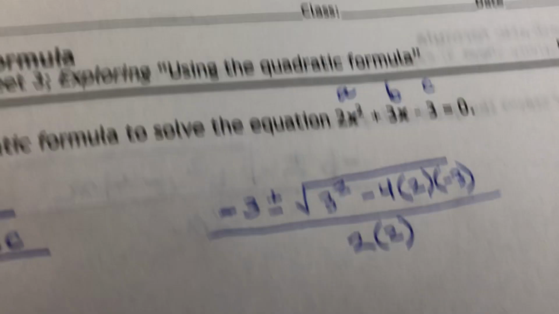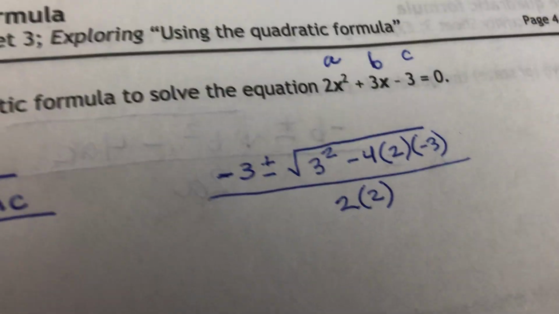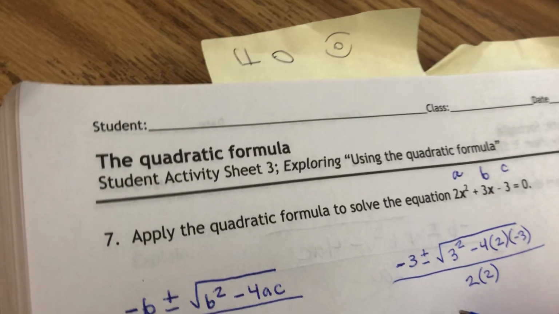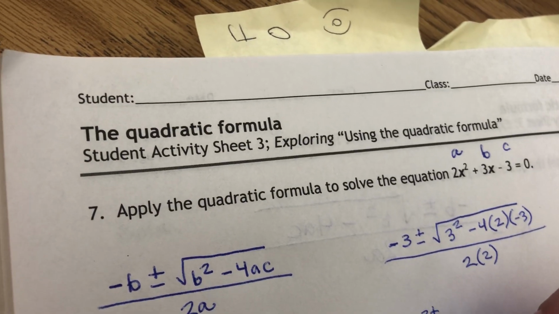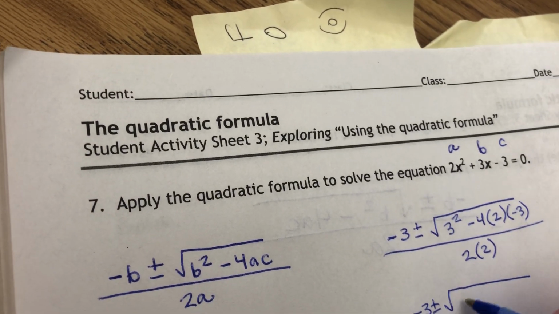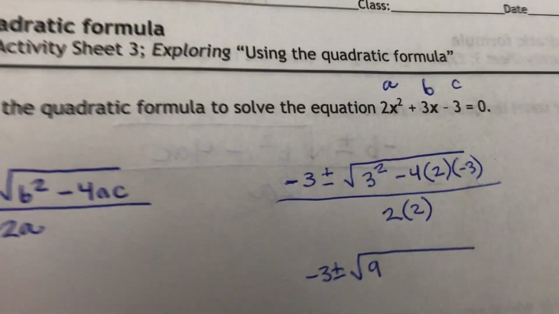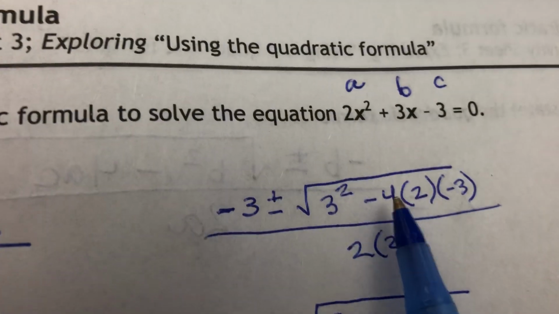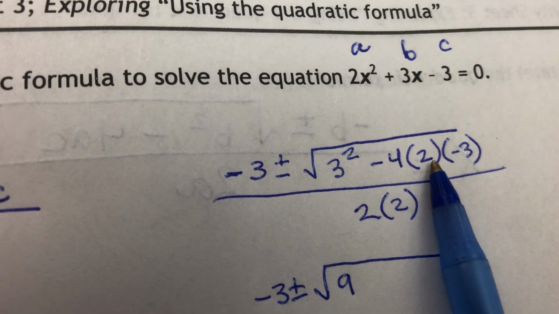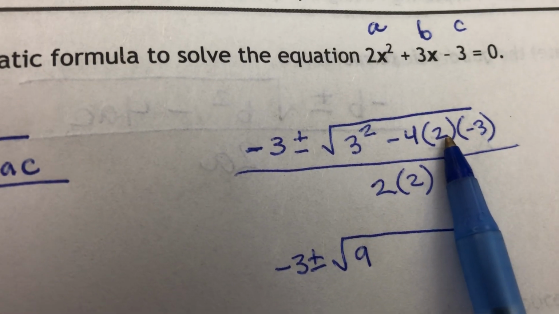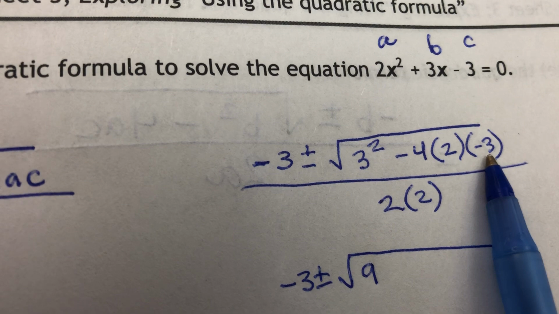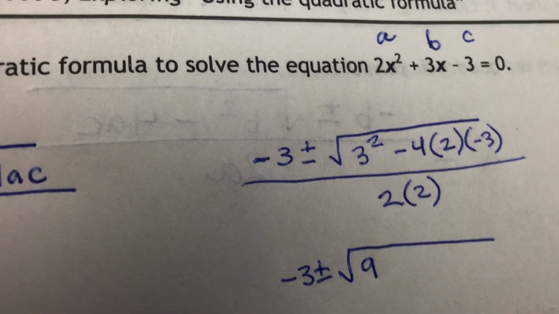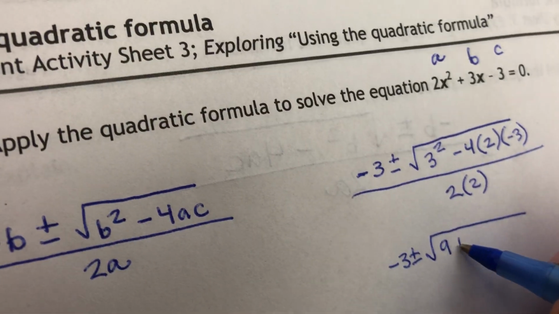So now it's plugged in, and we're just going to start solving. You're going to start with that exponent, so we have 3 squared. So 3 times 3 is 9. Okay, then we have all of these numbers being multiplied. So negative 4 times 2 is negative 8. Times negative 3, negative 8 times negative 3 is positive 24.